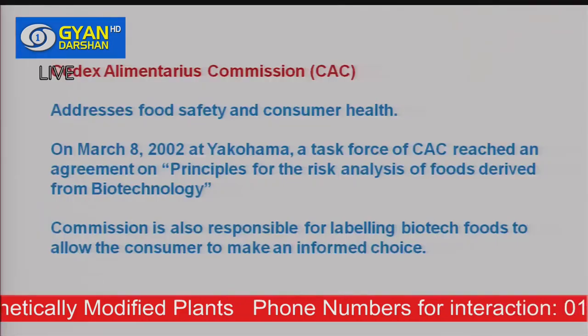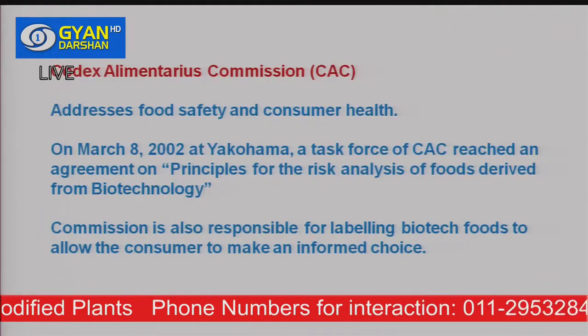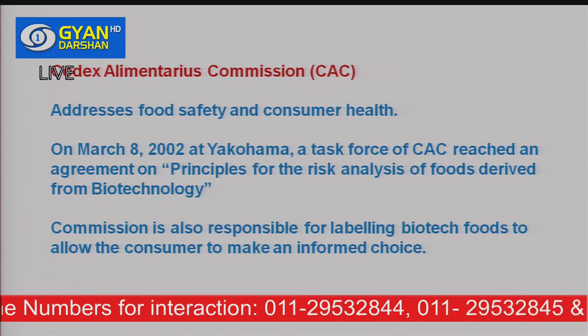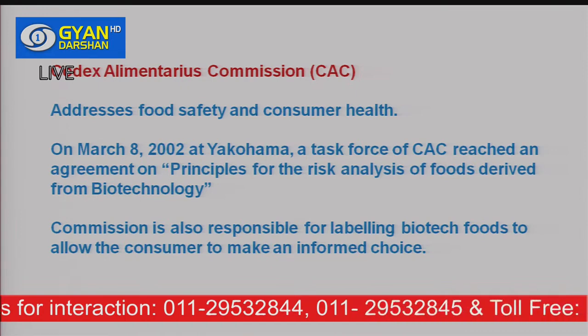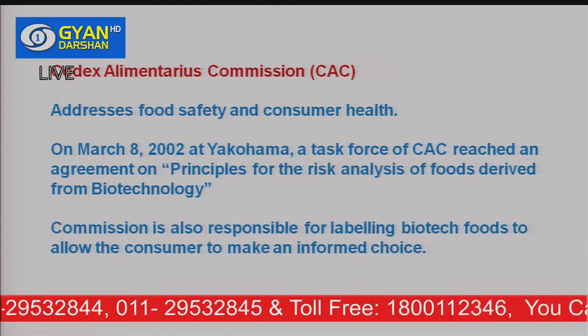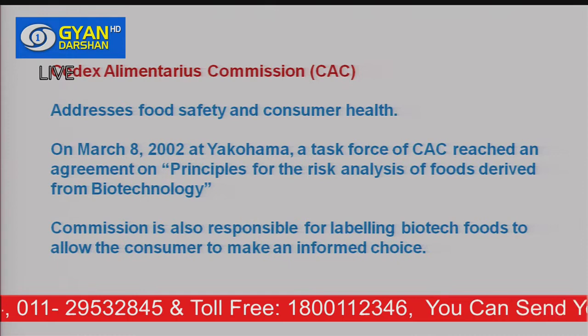Next, the point that we have is the Codex Alimentarius Commission. This is also a very important rule with regard to the commercialization of the product, because the consumer who consumes a transgenic product should know that they are consuming a genetically modified product.